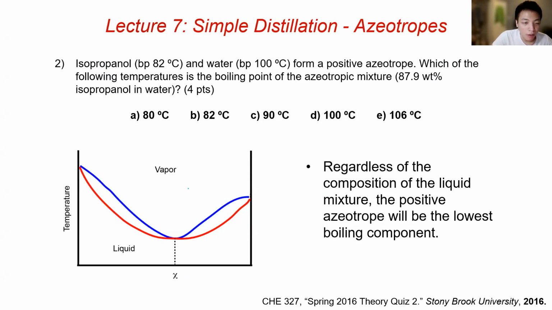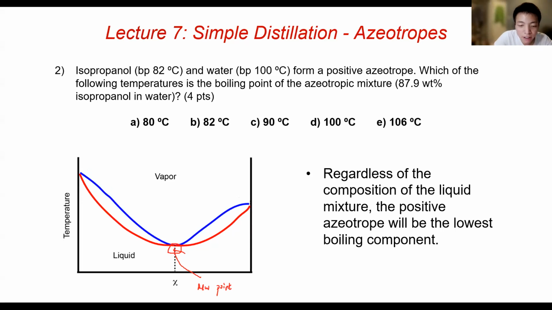One shortcut to remember what a positive azeotrope is: it is the point where the dew point and the bubble point meet. Let me check real quick.